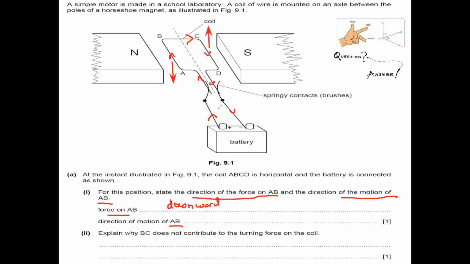How will it rotate? If I'm looking from here, how does it appear, clockwise or anti-clockwise? How will this coil rotate when AB is experiencing a downward force and CD is experiencing an upward force? So as a result, its direction of the motion will be anti-clockwise.